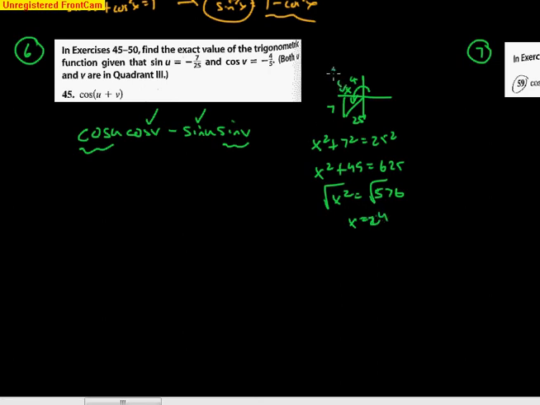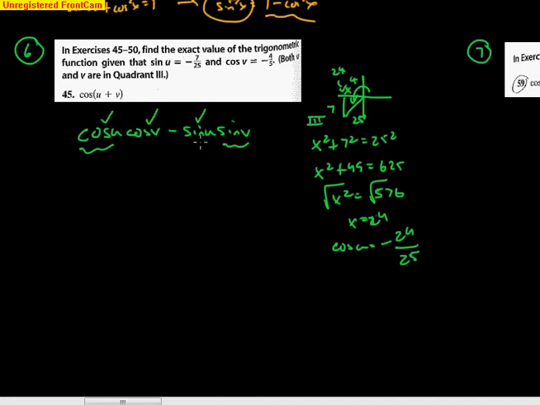There's your missing side, 24. So from this angle, this is u, I need the cosine of u. We're in the third quadrant where cosine is negative, so the cosine of u is going to be adjacent, negative 24 over hypotenuse 25.